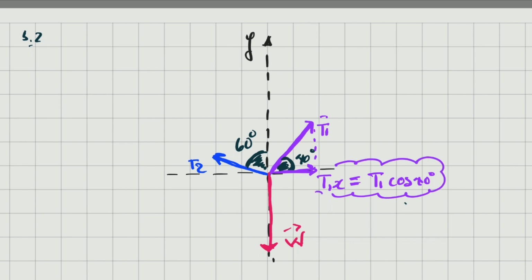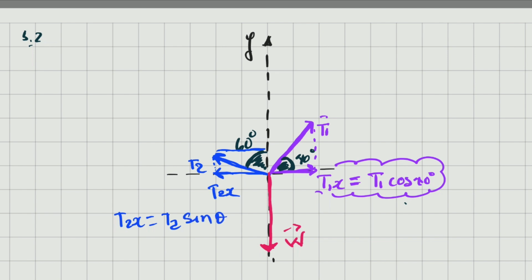Now on the other side, this one must also come to the x-axis and we have the component T2 in X. That one is the opposite side to that 60 degree angle. So T2 in X is equal to T2 sine theta, because it is the opposite, not cosine.